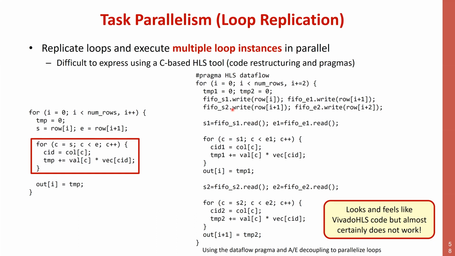What I'm doing there is a temp 1 and temp 2, there is a for, there is a computation of out, there is a for, there is a computation of I plus 1. So it's just unrolling by a factor 2 of the outer loop. But on top of that, it does, and you see here actually the syntax used by Vivado HLS for doing this decoupling between access and execution, what we have called at least access execution decoupling, which is this introducing into a FIFO what is read from memory, right?